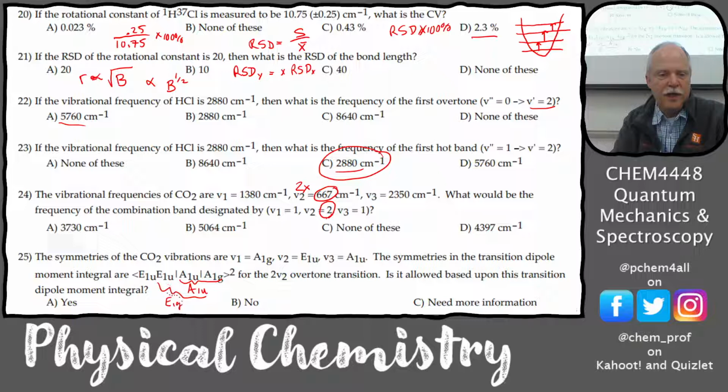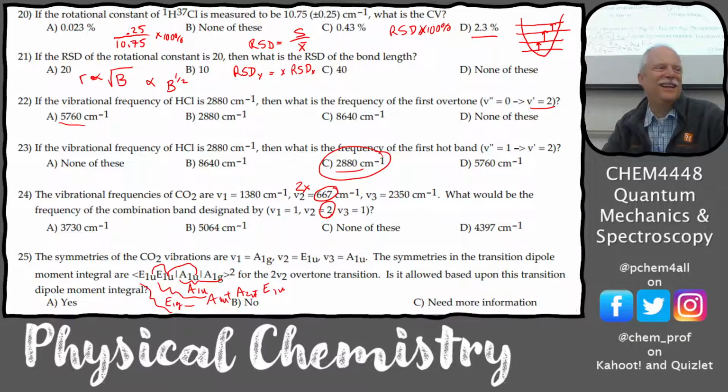U times U is G. And then we have E1u times E1g, which is going to give us that A1 plus A2 plus E1, and there's going to be G times U, which is going to be U, U, and U. And so I get all U's, it's not going to be allowed, because it's not top row. I could have looked at this at the very beginning and counted up the number of U's, and see I have 3 of them. That's an odd number. So I know it's going to be U in the end.